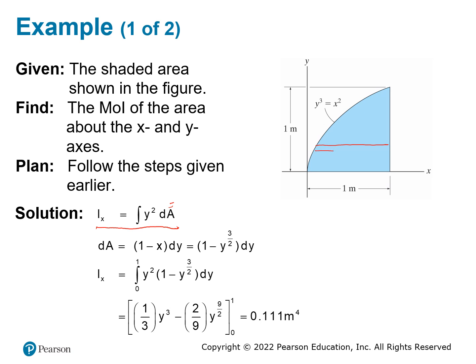So we're going to slice this one horizontally, and this much of the distance is equal to dy, and this one is your x. This is what we call the dA. So in this case, dA is going to be x dy. We're going to put x dy in here, and you're going to have y squared times x and dy.